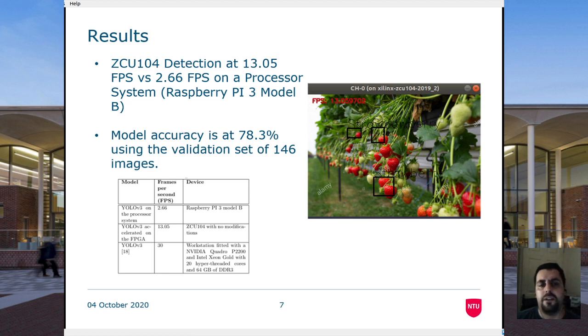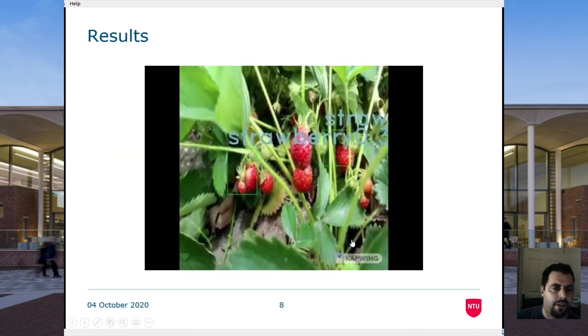The accuracy is still around 78.3 to 80%, which means that more work can be done, and we'll be exploring and improving the neural network, also to look at the annotations, trying to improve the accuracy, while again looking at the DPU on the FPGA side to try to increase the number of DPU cores, and with that we expect to get better performance in terms of frames per second.